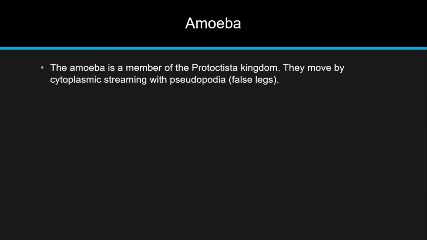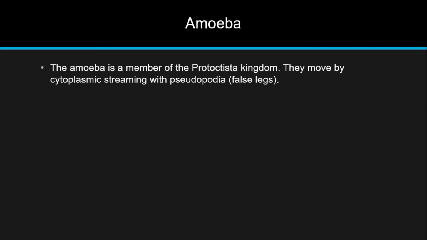All right, the amoeba. The amoeba is a member of the Protoctista kingdom. They move by cytoplasmic streaming with what we call pseudopodia. Pseudopodia, false leg. Pseudo, false. For those persons doing agri, banana is not actually a tree. It is a pseudo tree. It's a false plant.